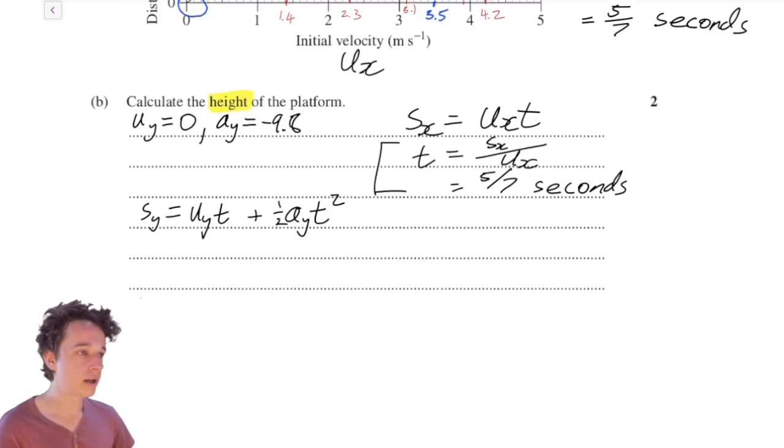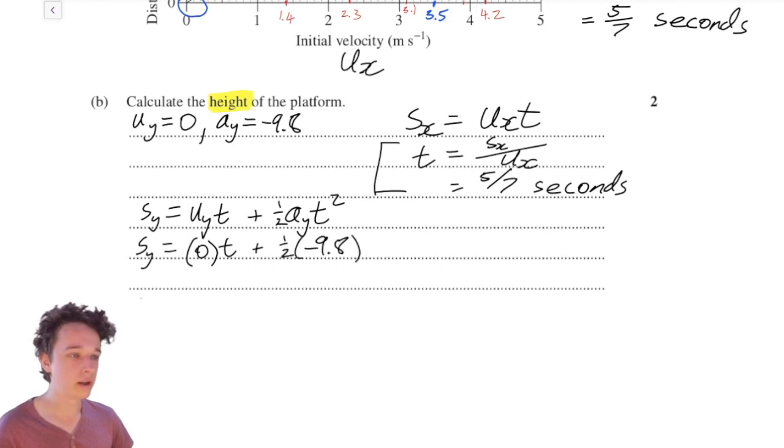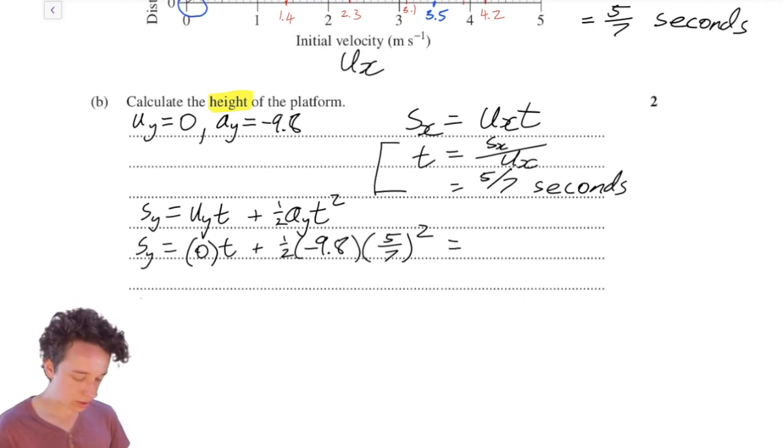And so Sy is equal to uy, which is 0, multiplied by t, which doesn't matter because it's being multiplied by 0, plus half of negative 9.8 multiplied by 5 divided by 7 squared, which is equal to, if you put that expression into the calculator, you get negative 2.5 meters.